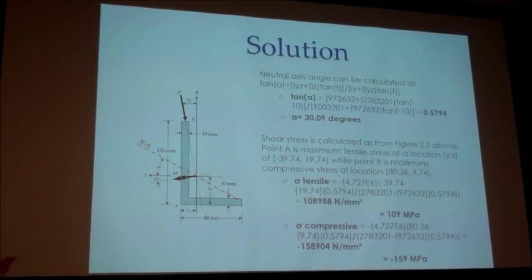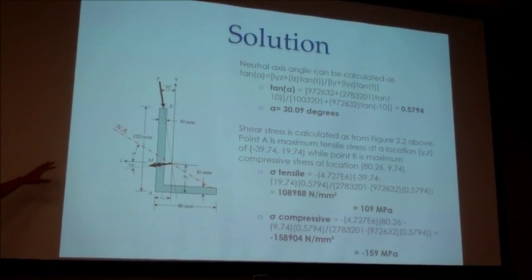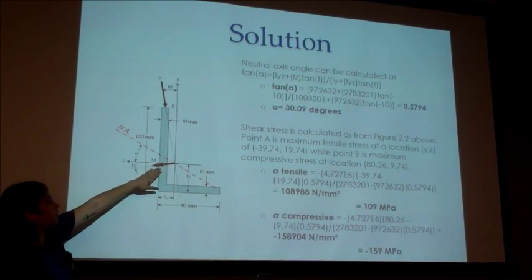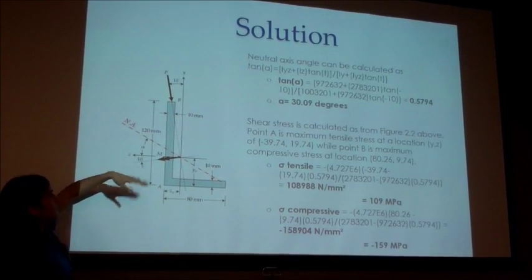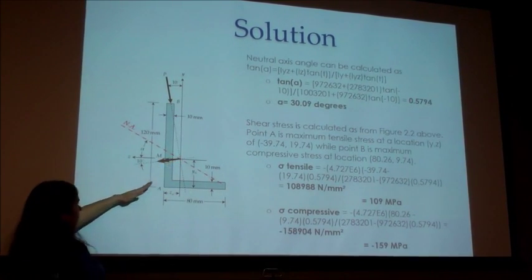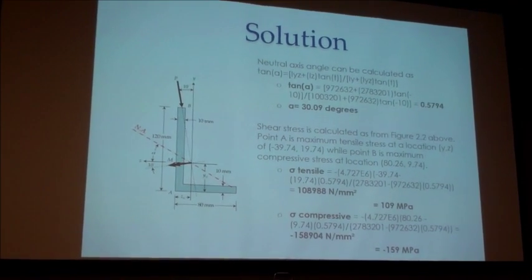Gotcha. But then we utilize that same equation, tangent alpha, to calculate, and just like O'Hara said earlier, it just goes through our centroid and it's alpha from the positive z-axis. So before our x-axis was positive that way, so our angle went this way, and that's why our neutral axis was like this. But of course now we have a different system.